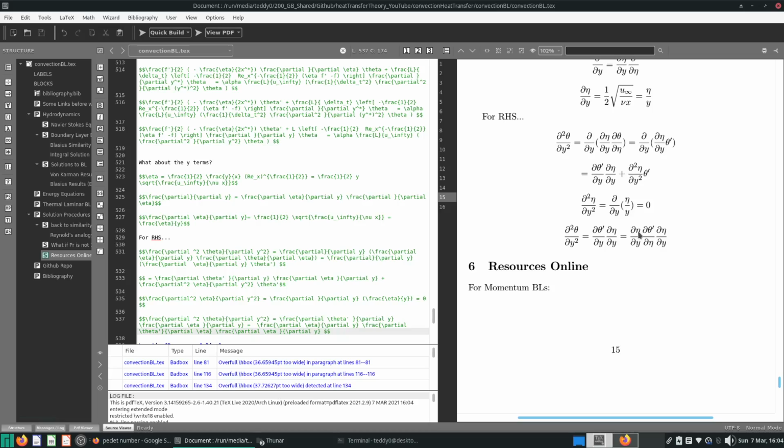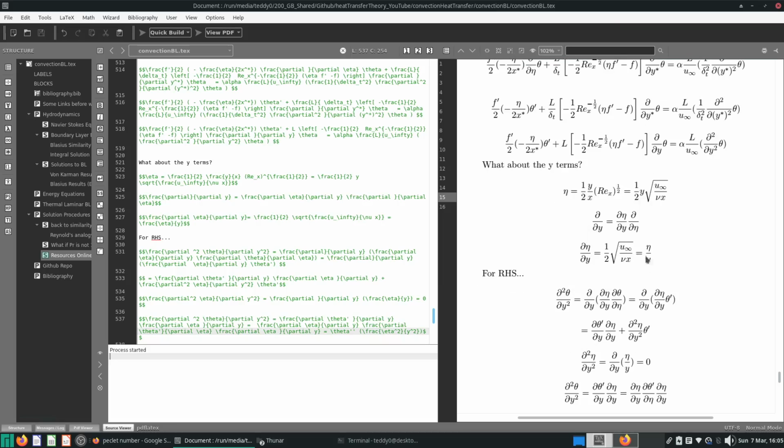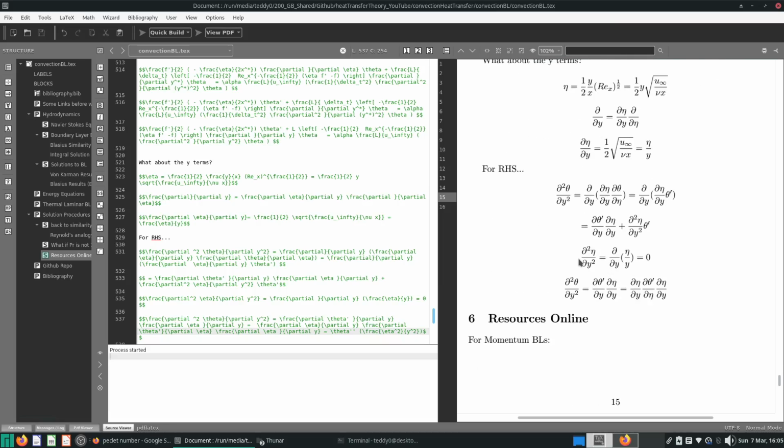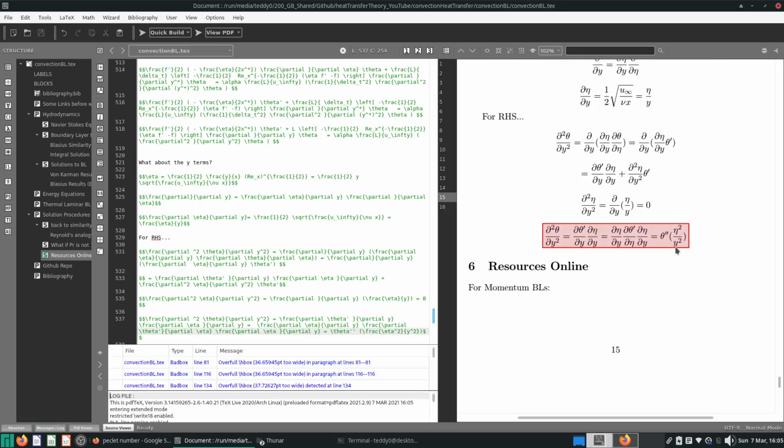Then I will combine these two together. This becomes theta double prime, and you just have eta square over y square. So that's the rightmost term taken care of, so you can substitute that in.